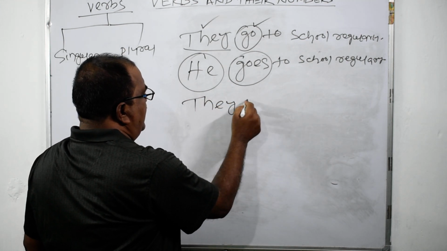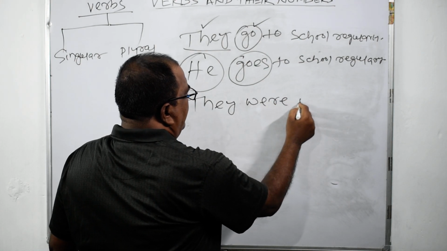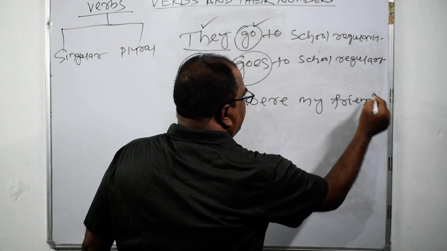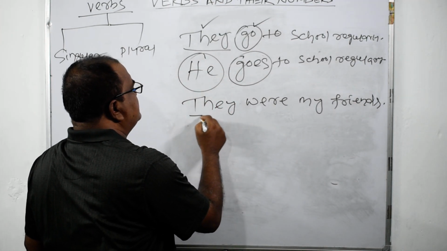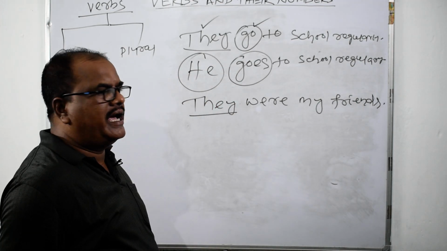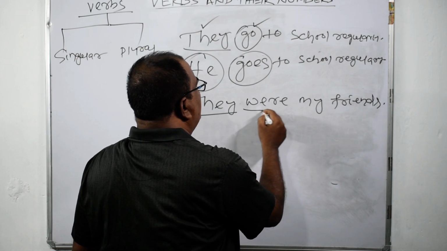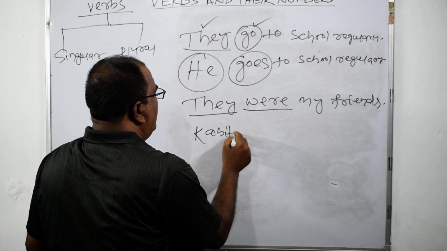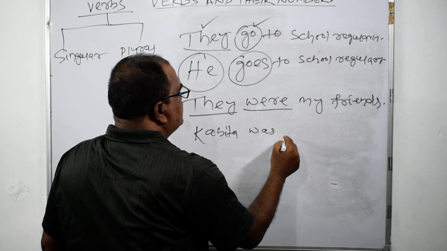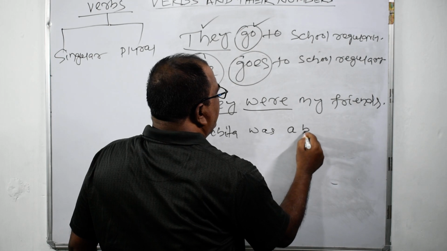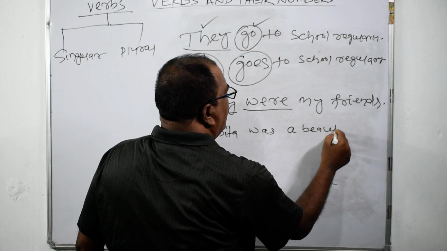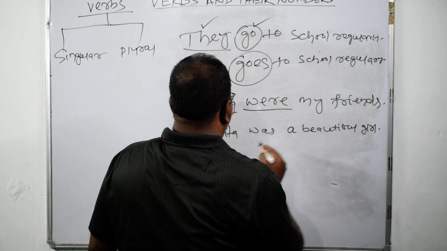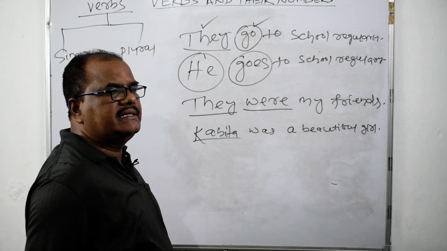They were my friends. In this example, the subject is third person plural number. Therefore, the verb is also plural. Kavita was a beautiful girl. Here, Kavita is the subject of the sentence.